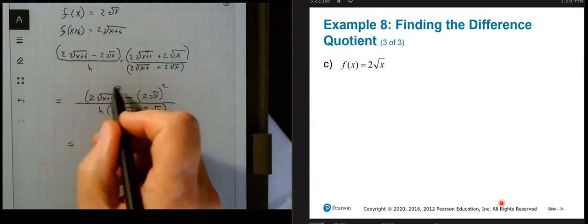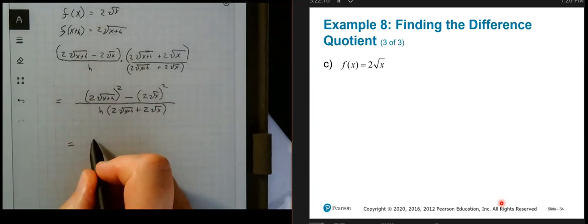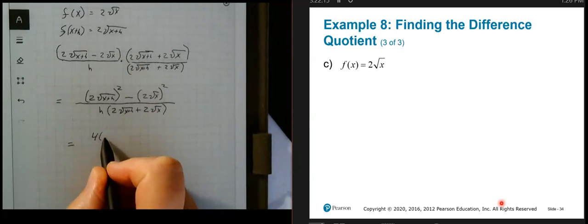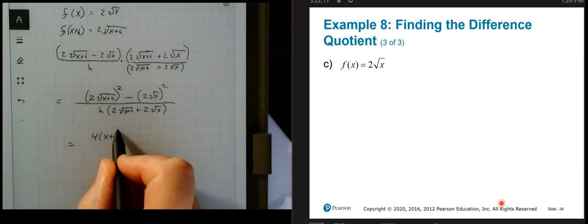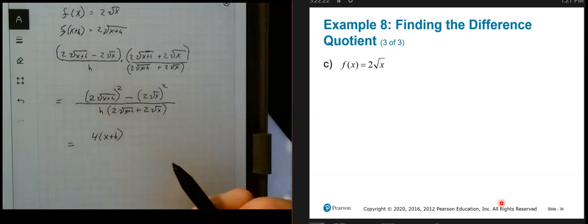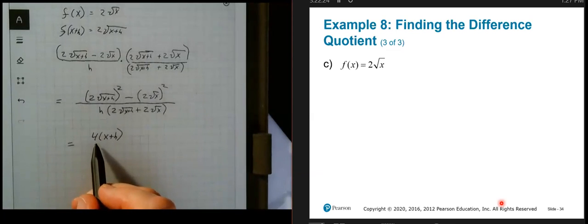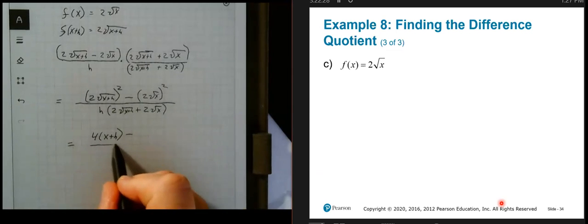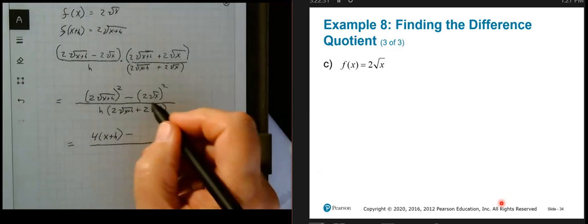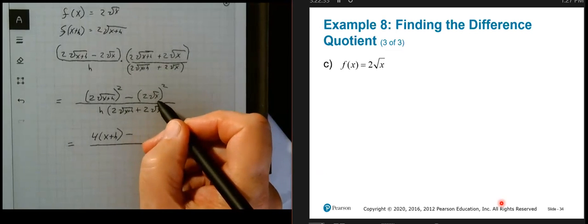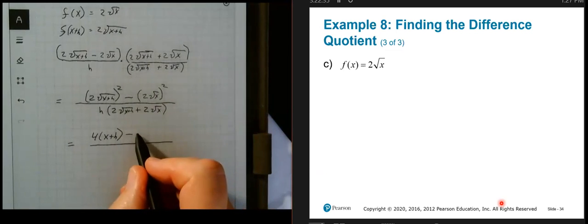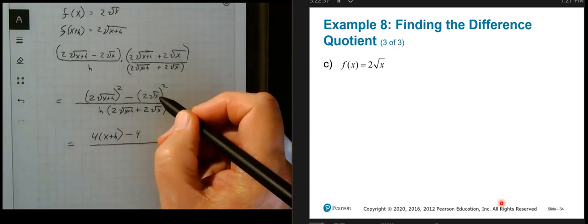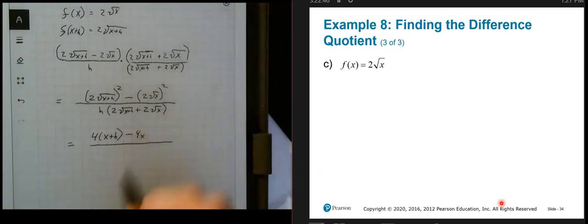So this term in my numerator becomes 4 times x plus h, because the square root of x plus h being squared just gets rid of the square root symbol, and I'm still multiplying by 4. Minus, let me write this line here. And now I'm going to square 2 times the square root of x. So I'm going to square the 2, which is 4, and I'm going to square the square root of x, which is x.